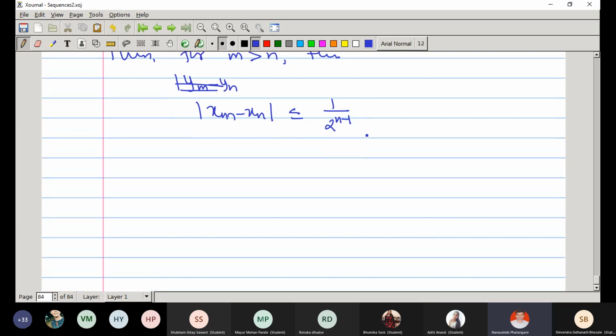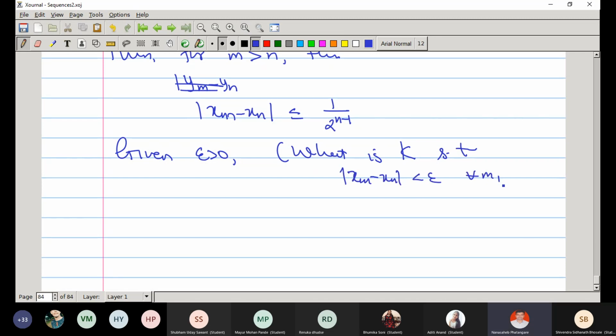And therefore, can you guess, given epsilon, what is k such that xm minus xn is less than epsilon for all m, n greater than or equal to k? So what is k?